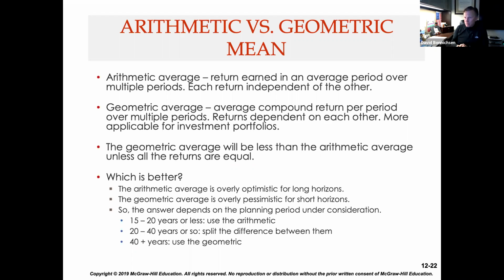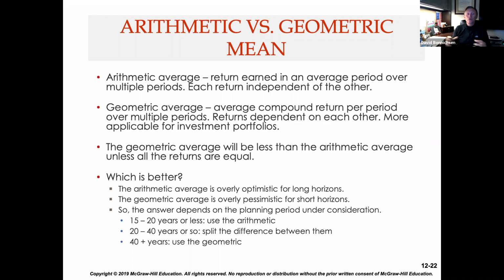And then we have the geometric mean. The geometric mean gives us an average compound return per period over multiple periods, where the return for the next year is dependent upon the return from the prior year, which is dependent upon the return from the prior year.